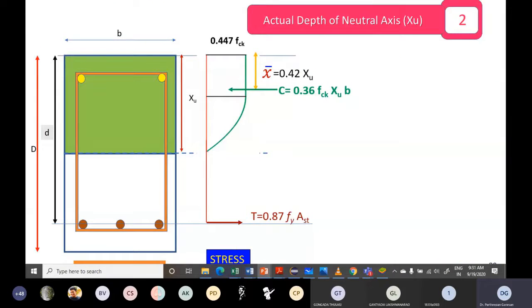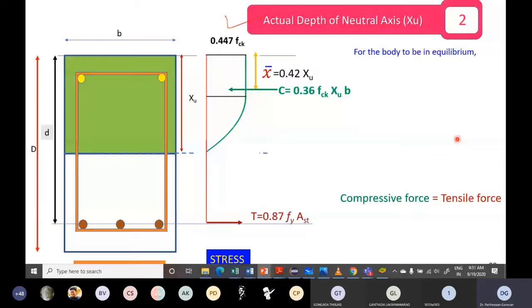Now how to find the next parameter, the actual depth of neutral axis? You take this stress diagram. You have a total compressive force of 0.36 fck xu b and a total tensile force of 0.87 fy into Ast. For the section to be in equilibrium, compressive force should be equal to tensile force.